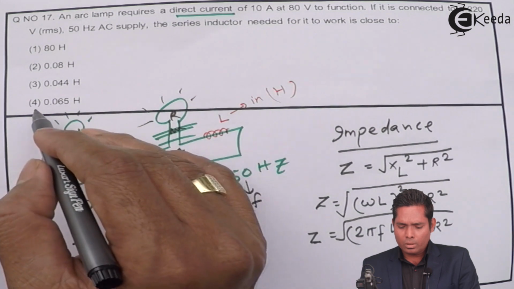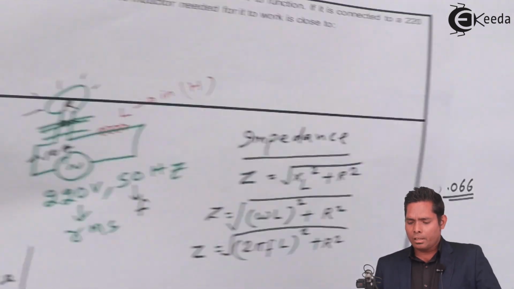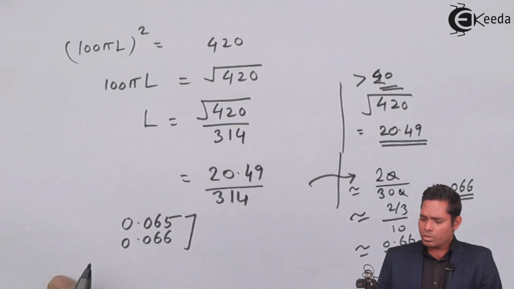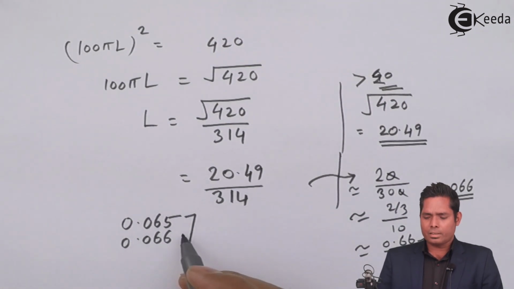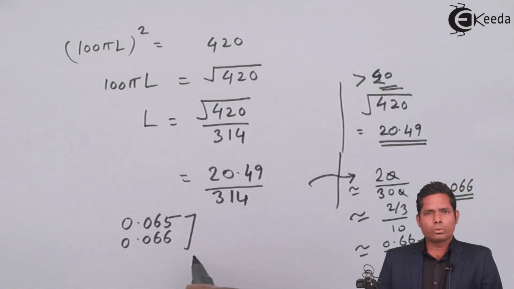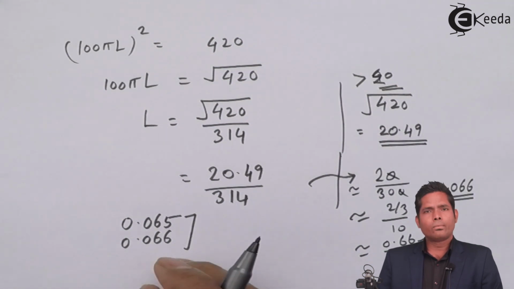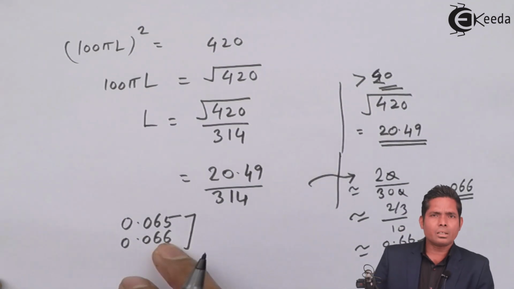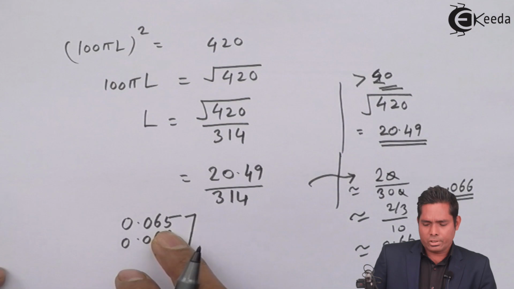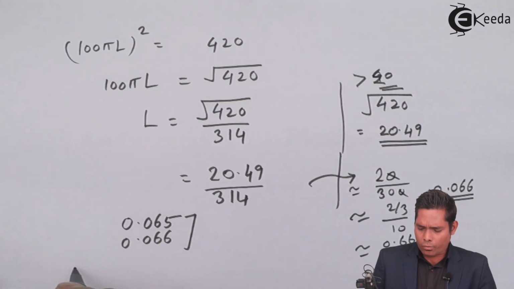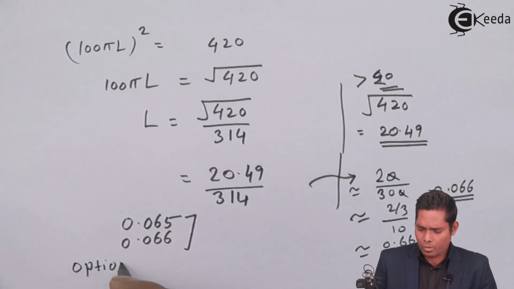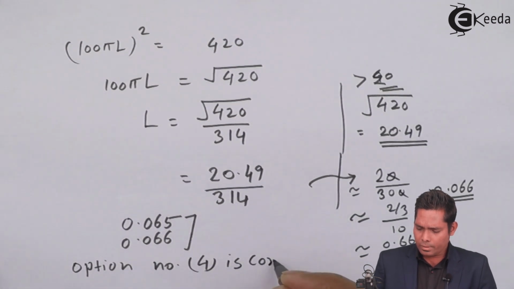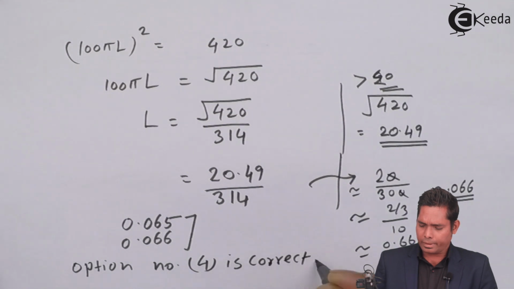So therefore, option number 4 is correct. Even if we go for this type of calculation, we still get the answer. Sometimes you should use this type of calculation to solve numericals and save time as far as MCQ questions are concerned. So option number 4 is the correct answer.